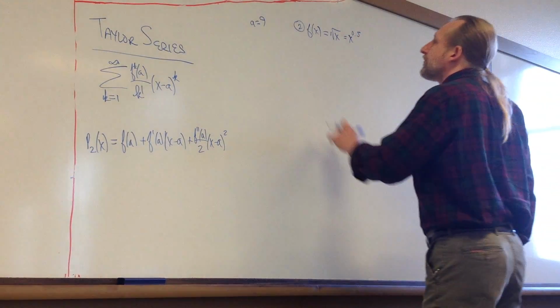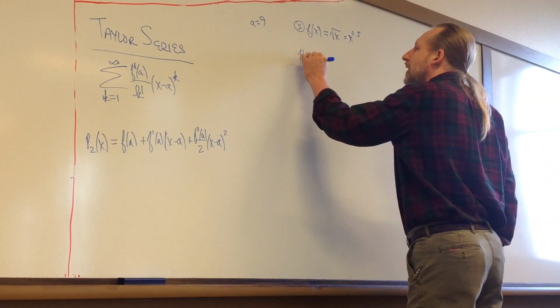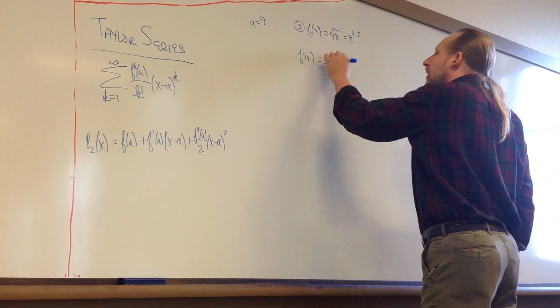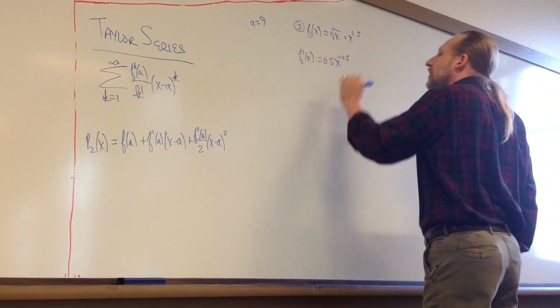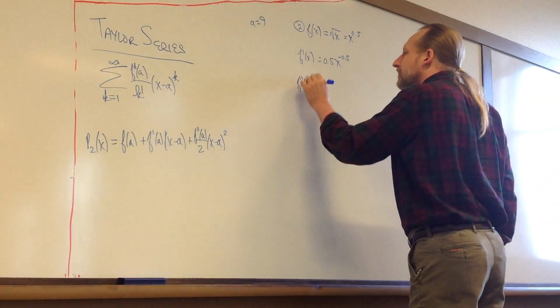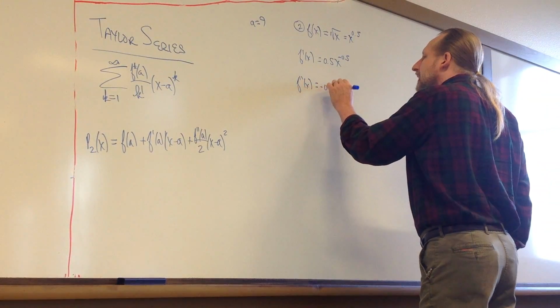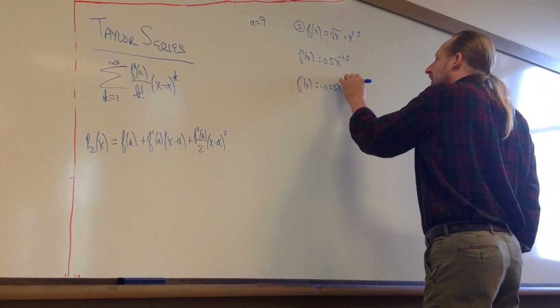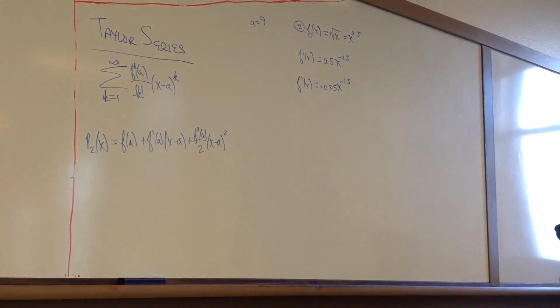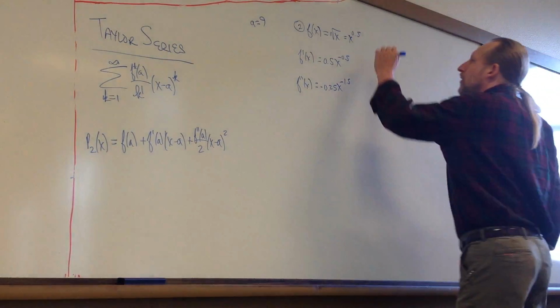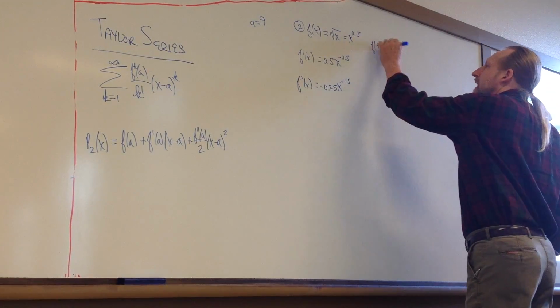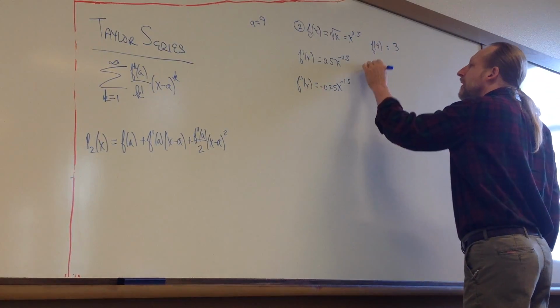Let's see here. So the first derivative, f prime, is going to be 1/2 x to the minus 1/2, and then f double prime, negative 1/4 x to the minus 1.5. So f of a is going to be 3.